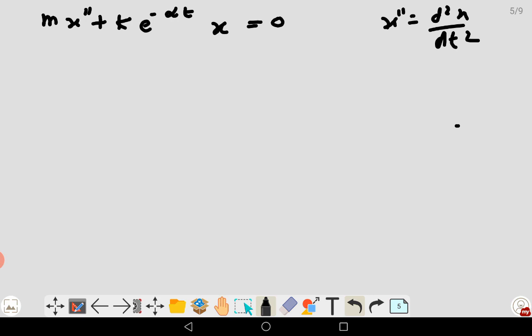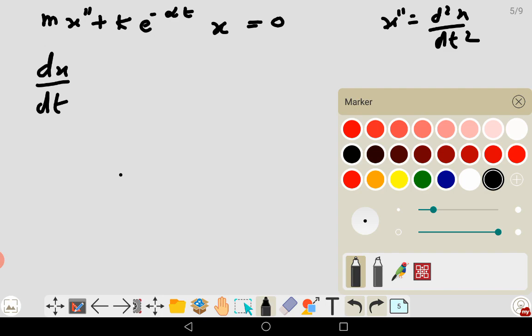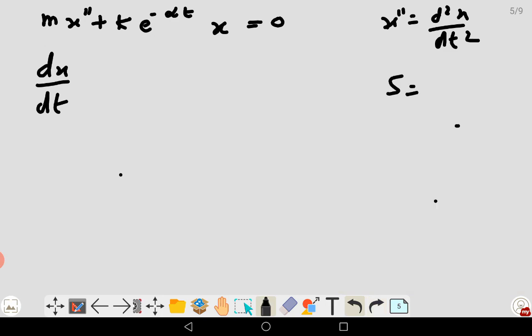So first we are going to find dx over dt. Assume that we have taken a variable s is equal to 2 over alpha square root of k over m. Only this term is under square root. e raised to minus alpha t over 2.